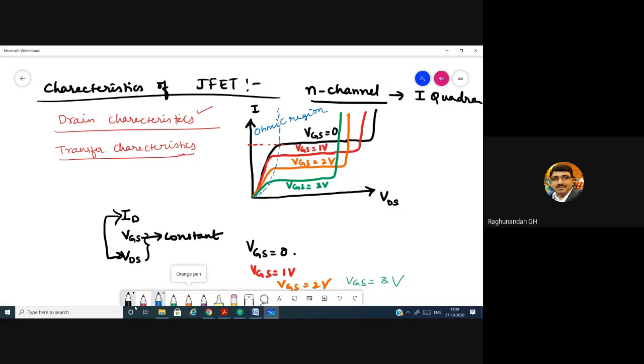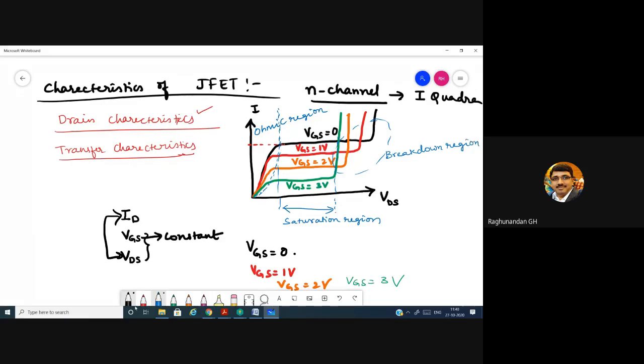This region where the current is almost constant is known as saturation region, and the region where it is going to enter the breakdown is known as breakdown region.